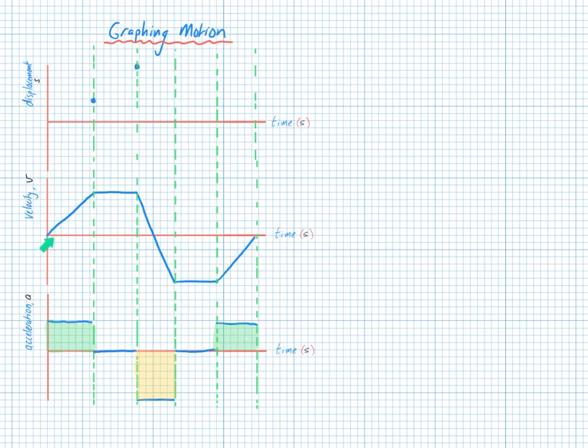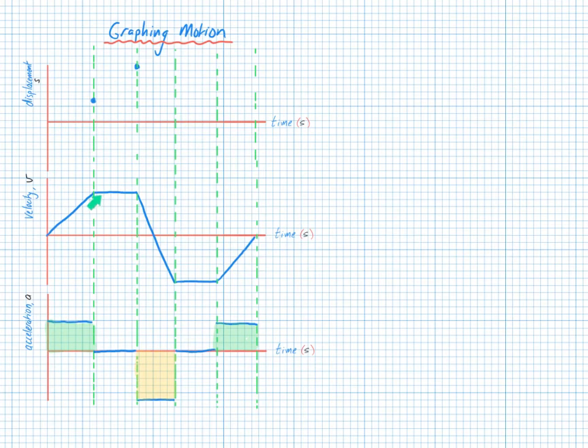So again, if we had values on this graph, we'd be able to calculate exactly where the displacement would be at this time, and the same for this time here. Be able to make the calculation and calculate its displacement. What's important is the shape of the graph joining these points.